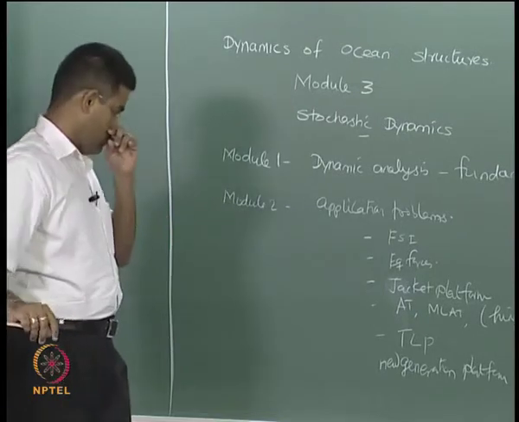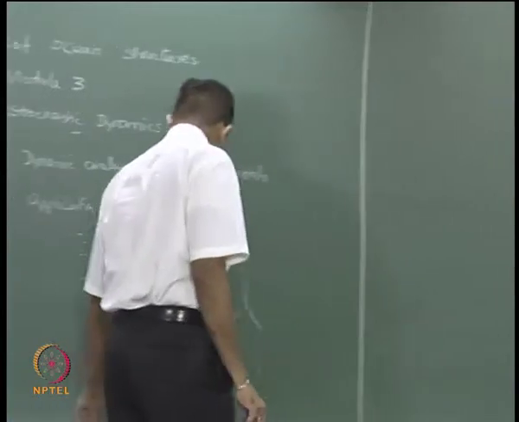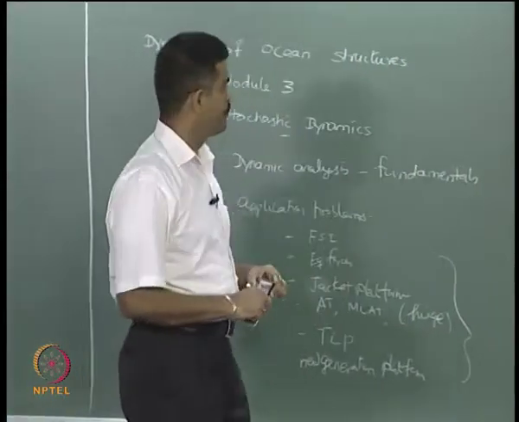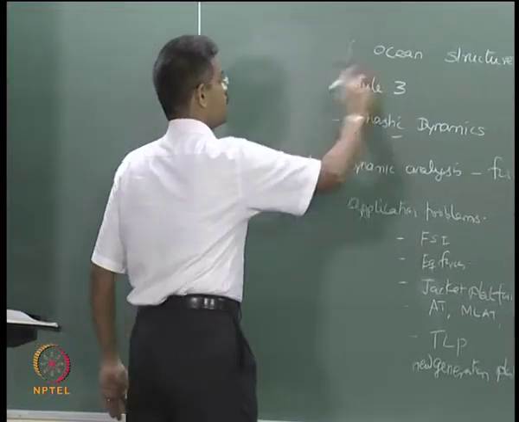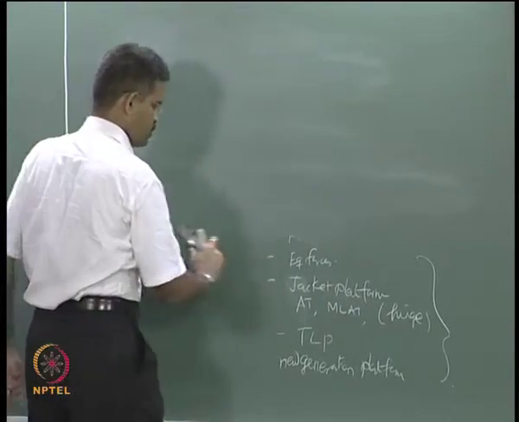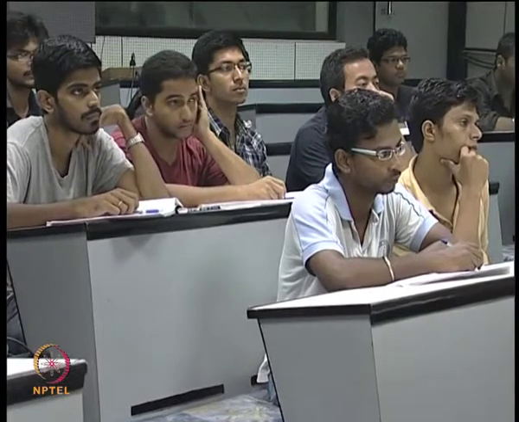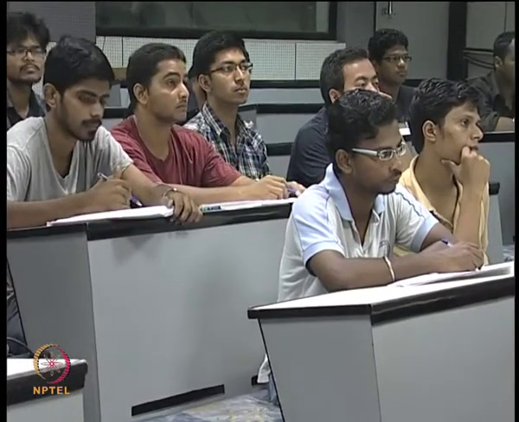So, now we look into some advanced topics where stochastic dynamics becomes interestingly important from a research perspective. Let us quickly understand two different methods by which I can do a dynamic analysis, which we already studied in the first module. Dynamic analysis can be done in two formats.